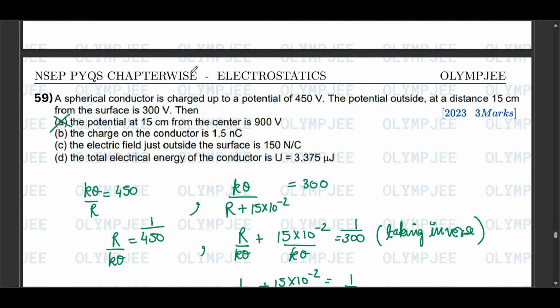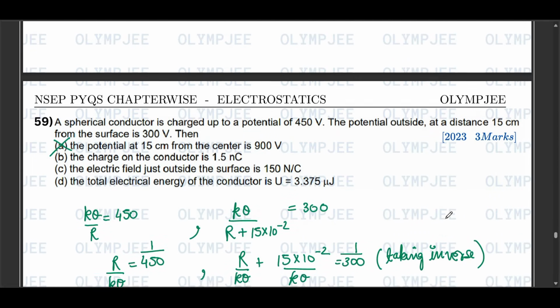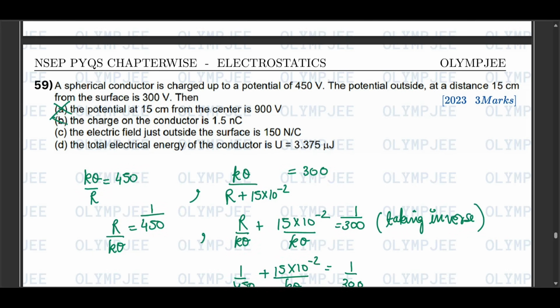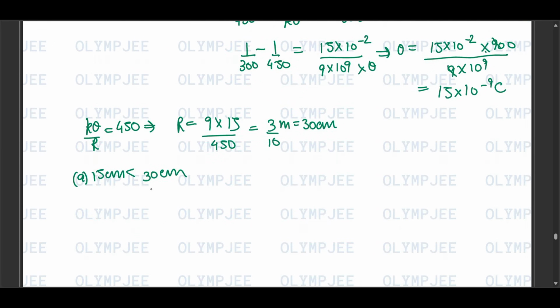B says that charge on conductor is 1.5 nanocoulomb. No, it is 50 nanocoulomb, so B is wrong. C says electric field just outside the surface is 150 Newton per coulomb. Let us check.